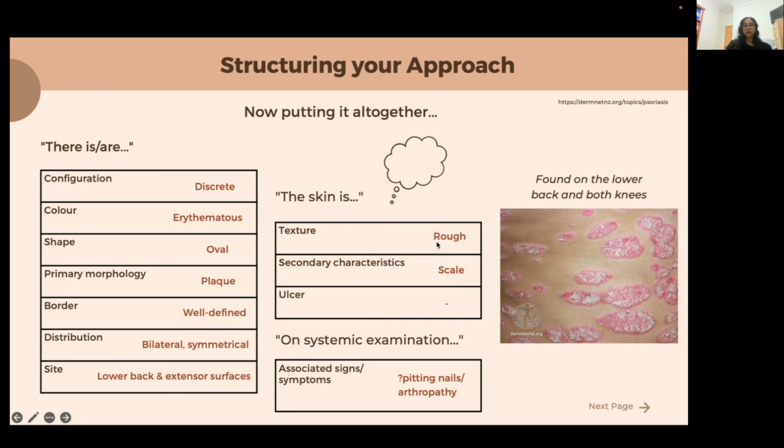The skin is rough in texture and there is scale present. On systemic examination, there is evidence of pitting nails and arthropathy. These findings are consistent with chronic plaque psoriasis. So that's how we could put all that information together to present our findings back.